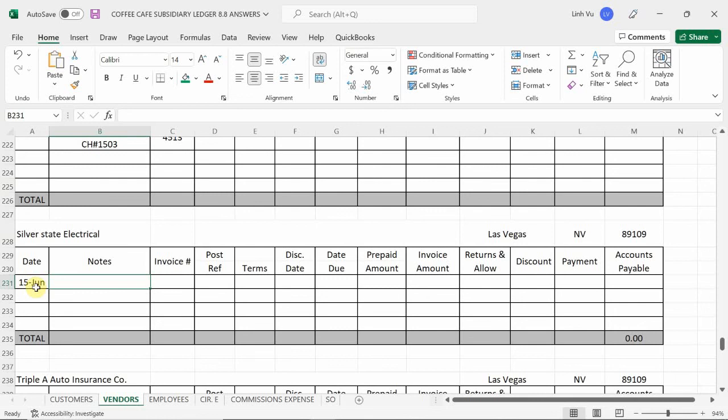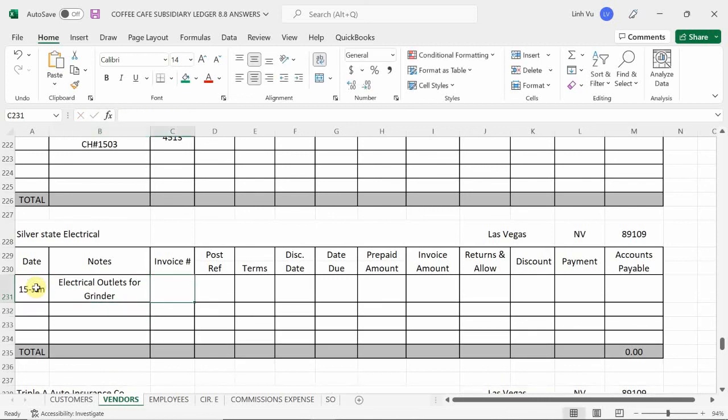Okay, note would be electrical outlets. Electrical outlets, and you could put for grinder. Okay. Invoice number is 3351. Post reference is the General Journal. Good. Terms would be net 4.